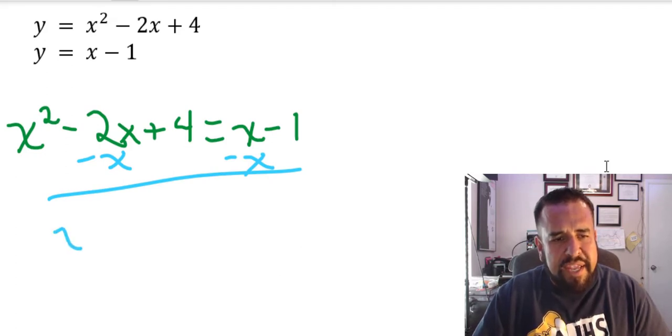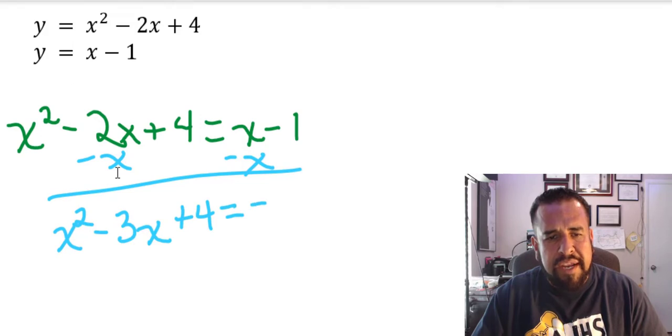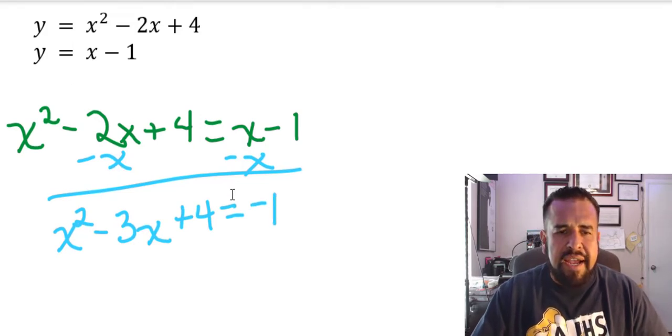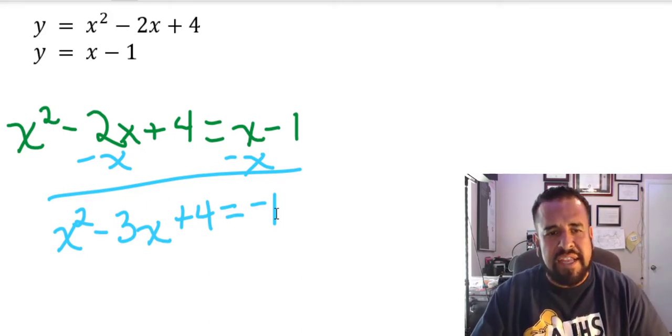Notice I didn't do anything with the x squared, so that stays the same. This minus 2x minus x becomes a negative 3x. And then I still have my 4 equals negative 1. All right. Next, I got to get this 1 out of here because I want the equation to equal 0. That's why I'm getting everything over to the other side.